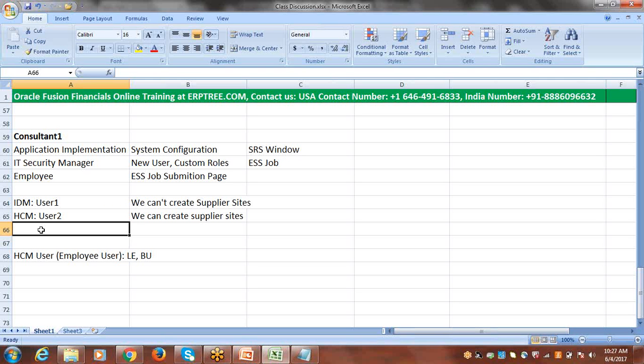So I'll be assigning the payables related roles. For a receivables employee, receivables related roles. Whichever process the user will be working on, the relevant roles will be assigned.